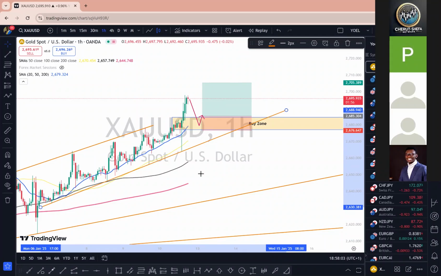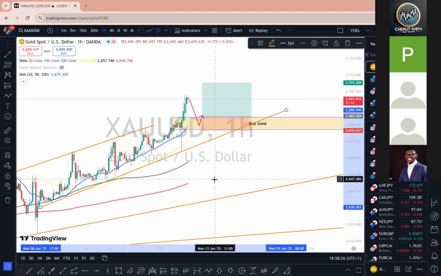Okay, so we learned about the trend line. Then we have also learned about the moving average today. And like I told you, I actually focus more on the three: the yellow, the black, and the red, the 50, the 100, and the 200.